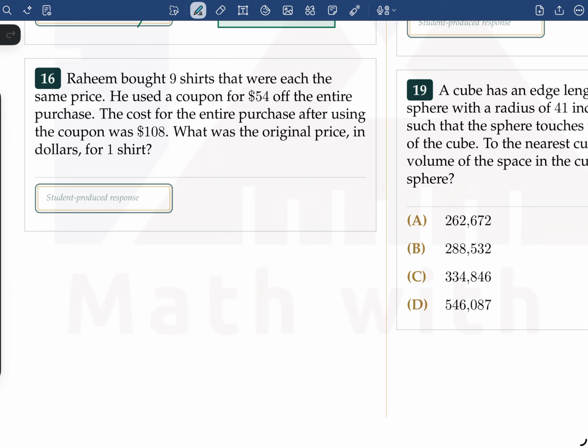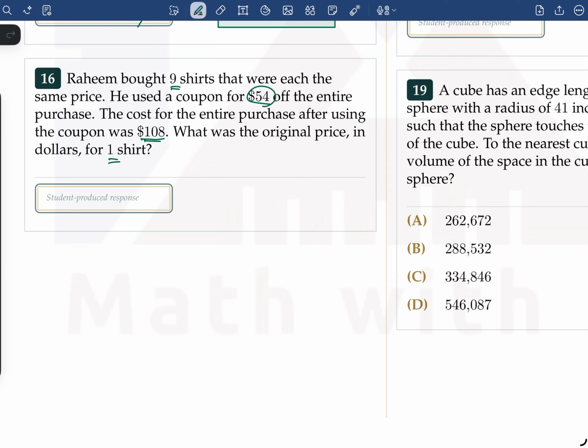What was the original price in dollars for one shirt? So be careful about understanding. Number 16 needs to be understood. 9 shirts, and he paid 108 after the coupon, and the coupon is 54. So we need to get the original price.